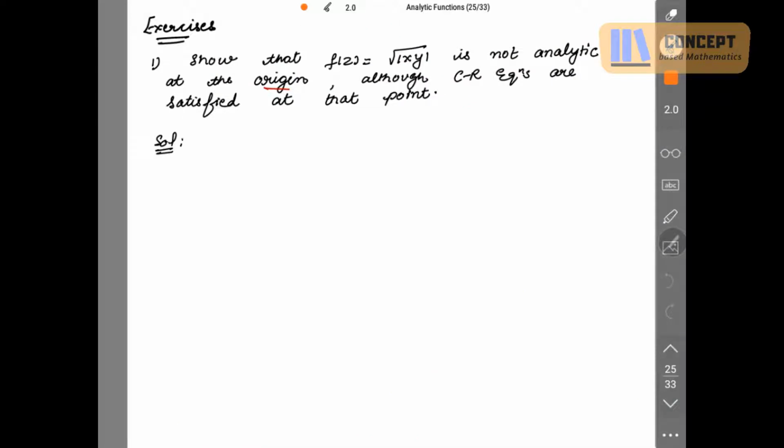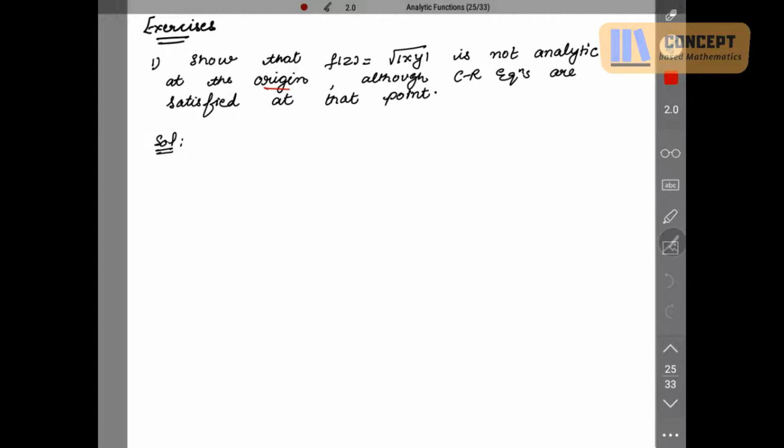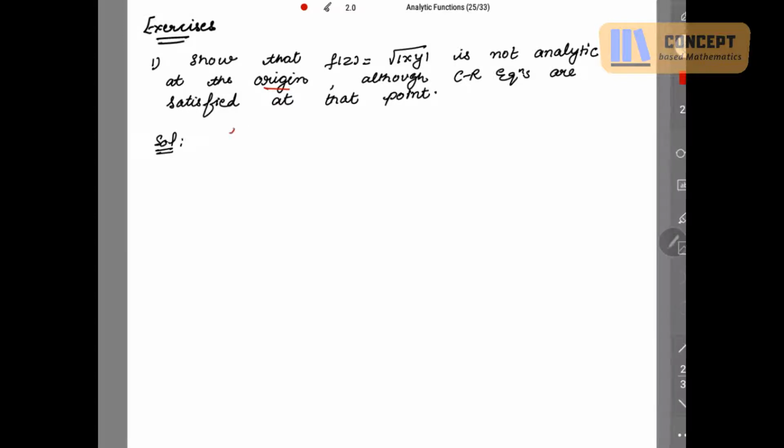Now there are some exercises based on the CR equations and analyticity of the function. So the first exercise is show that the function root mod of xy is not analytic at the origin, although CR equations are satisfied at that point. Now your function is f(z) = u + iv, which is root of mod xy.